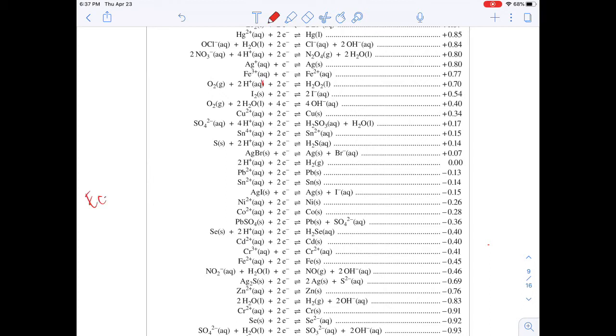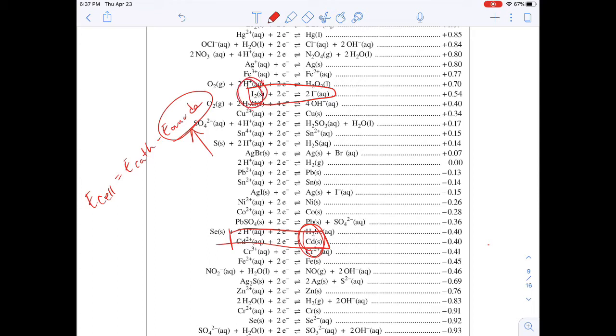You do E cell equals E cathode minus E anode. And now my anode that I've used, so let's say that we change the reference cell to become, I don't know, let's say cadmium. So that's my new reference cell. This is my anode. That's the value that I'll use here. And the other half reaction, whatever they say, what is the new reduction potential of the iodine cell?